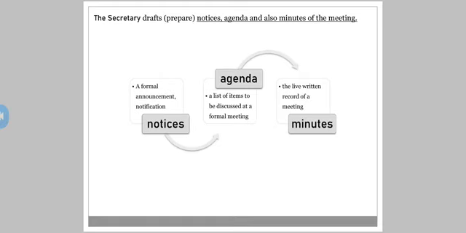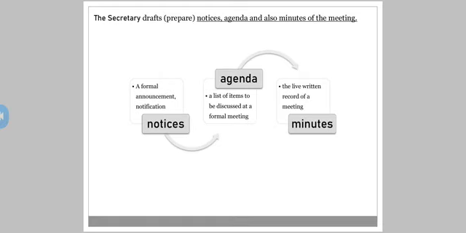After that comes agenda. This is a new word for you all. Dear students, agenda is nothing but a list of items to be discussed at a formal meeting. Let's say there are different kinds of topics to be discussed. Let's say there is an example in a meeting.